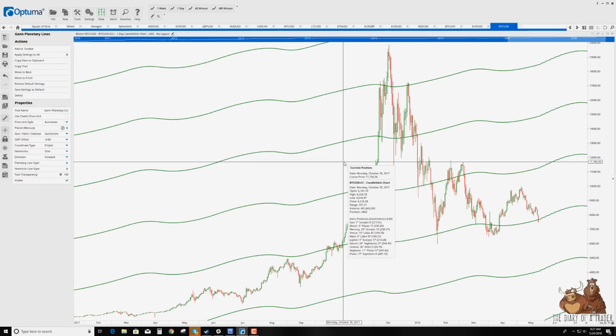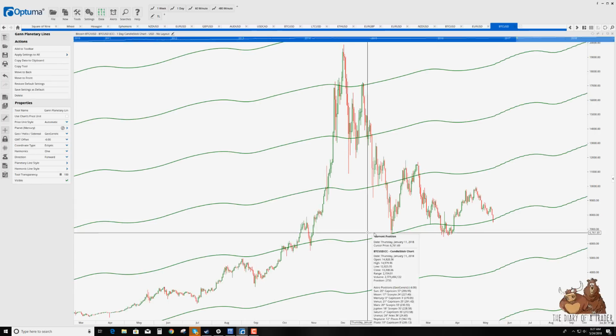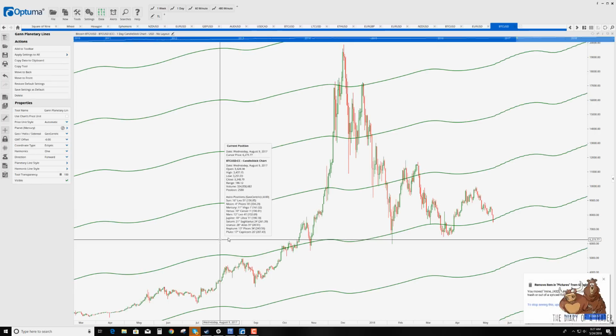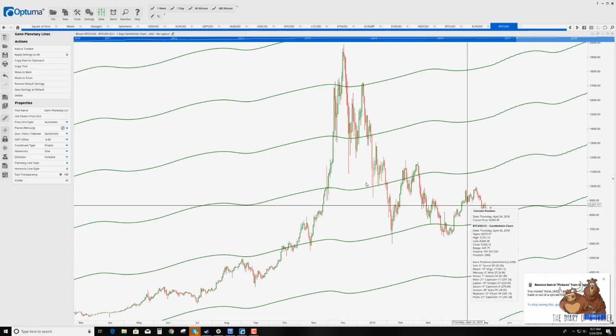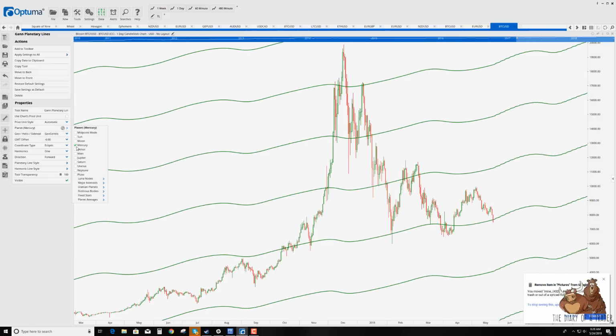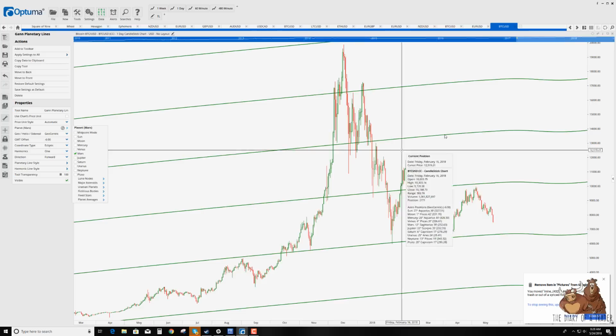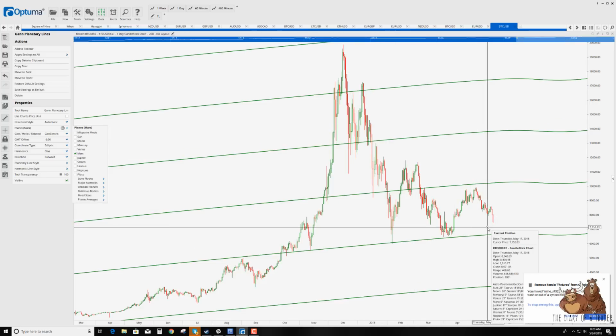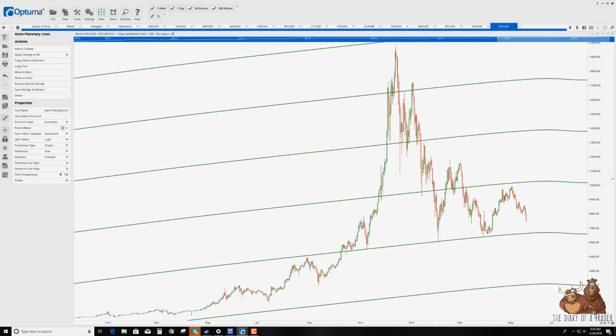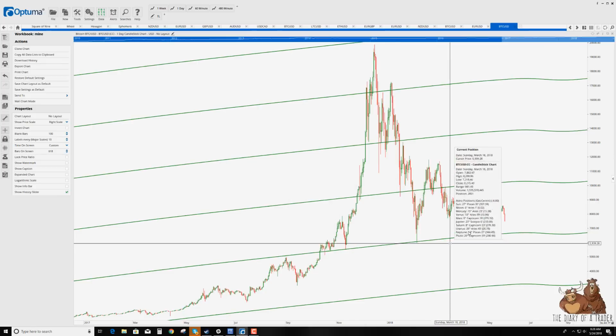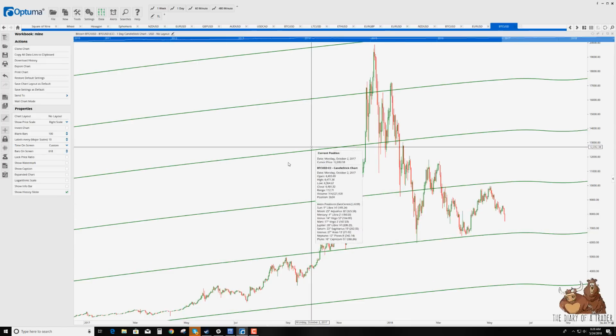If we put that on our screen, we see the first one is only Mercury. And Mercury seems to hold up as a pretty standard area of support and resistance, but we can also look at Venus, Mars, and this is why Mars is such an important cycle and planet for Bitcoin.